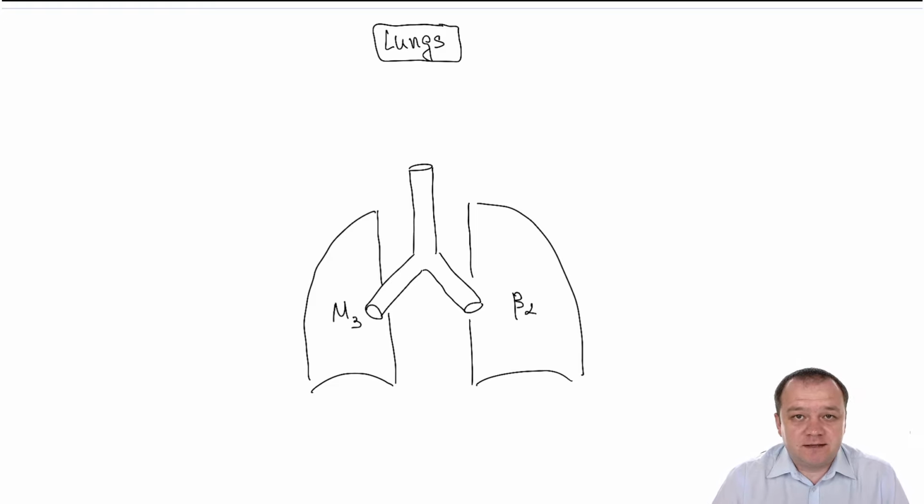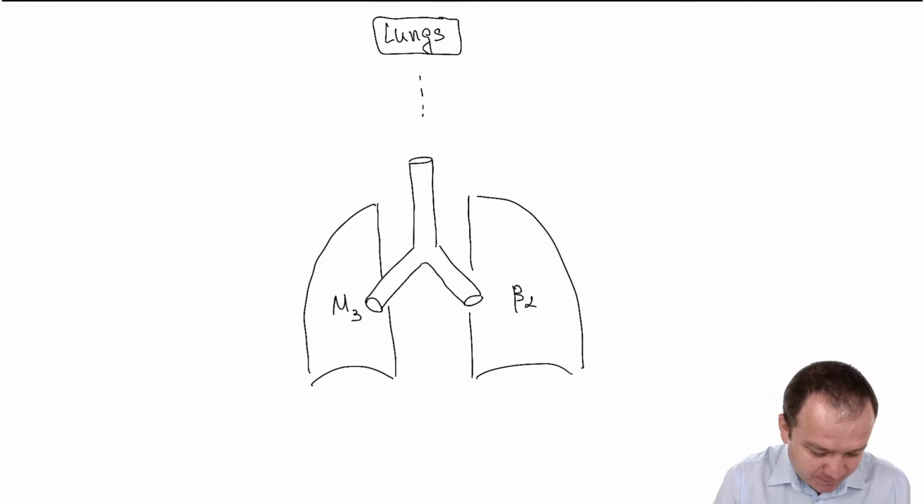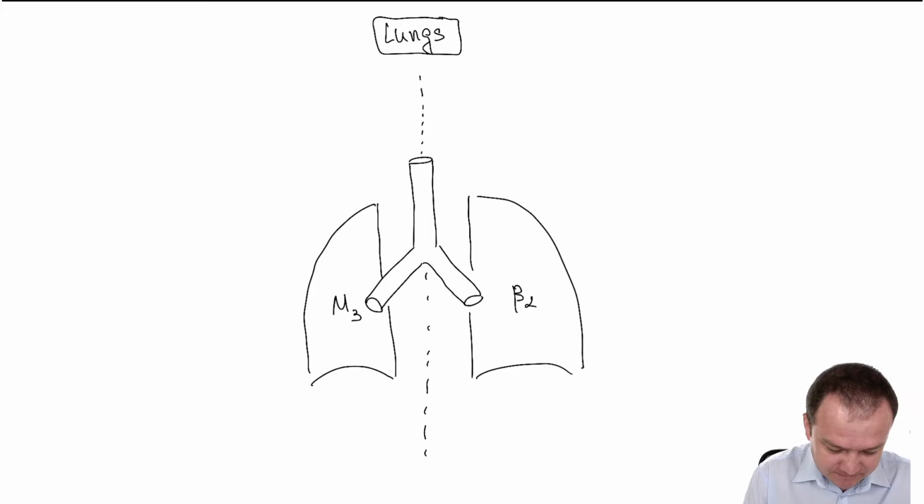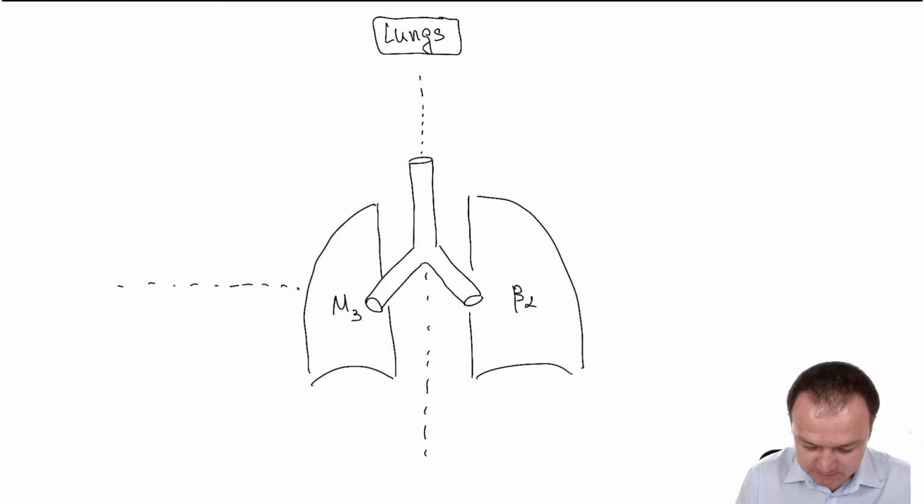Please don't think that the right lung has M3 receptors only and the left lung has beta 2 adrenergic receptors only. Both of them are present in each lung; we just split them to separate the parasympathetic and sympathetic nervous system, for better understanding.